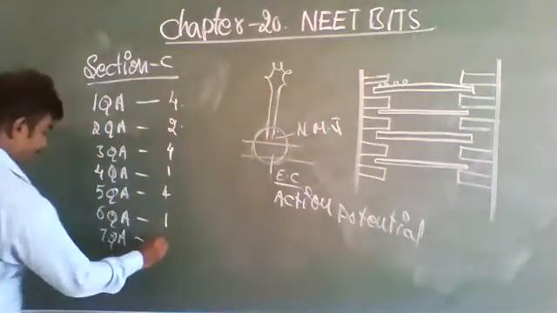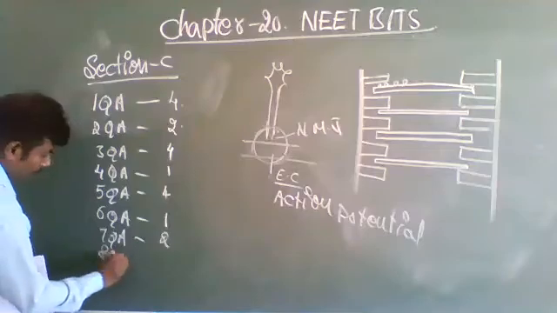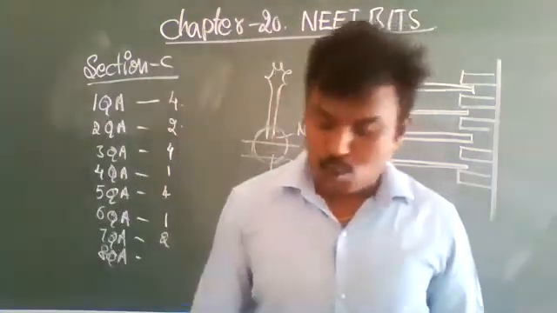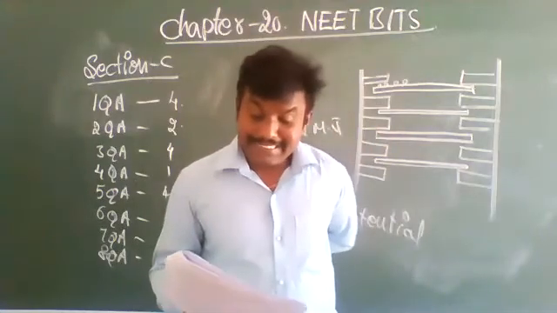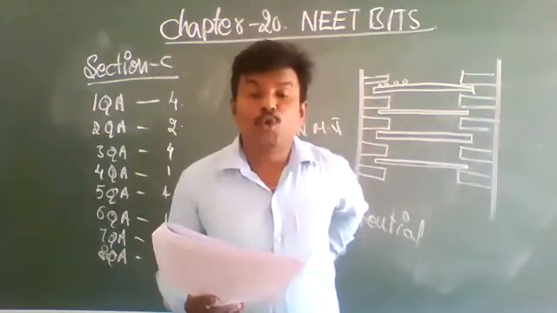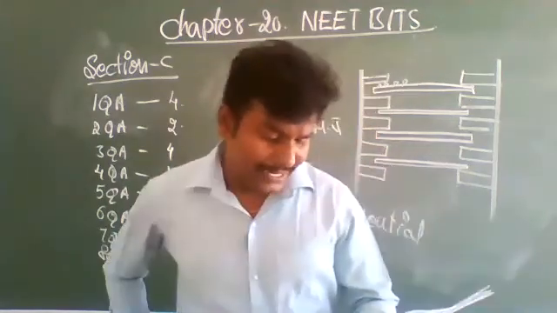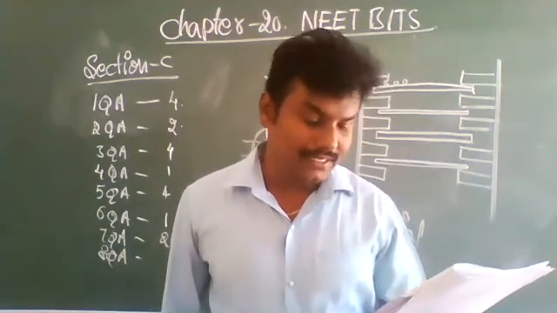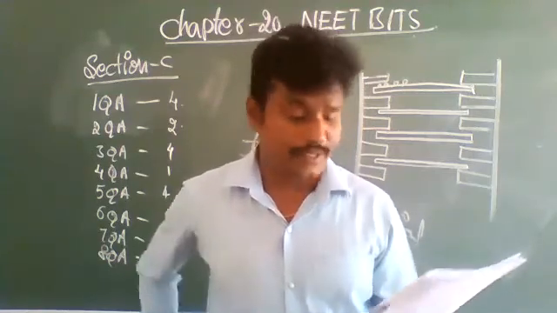Eighth question. Select the correct statement with respect to locomotion in humans. See, option 1: accumulation of uric acid crystals in joints causes their inflammation. It's the correct option.